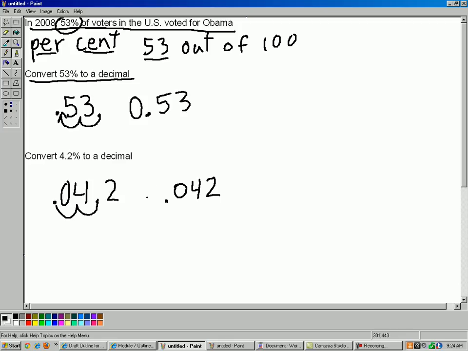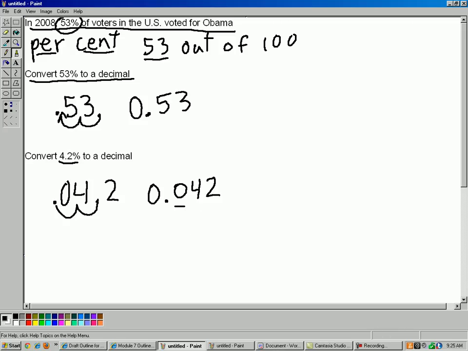Again, just to emphasize that this is a decimal point and not just a smudge on your paper, 0.042. By the way, anytime your percentage is less than 10%, like 4%, 5%, 6%, then your decimal will always be 0.0 something.